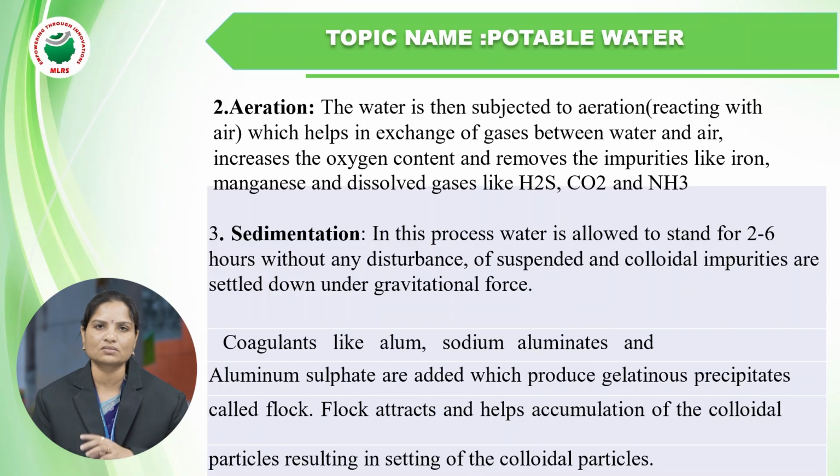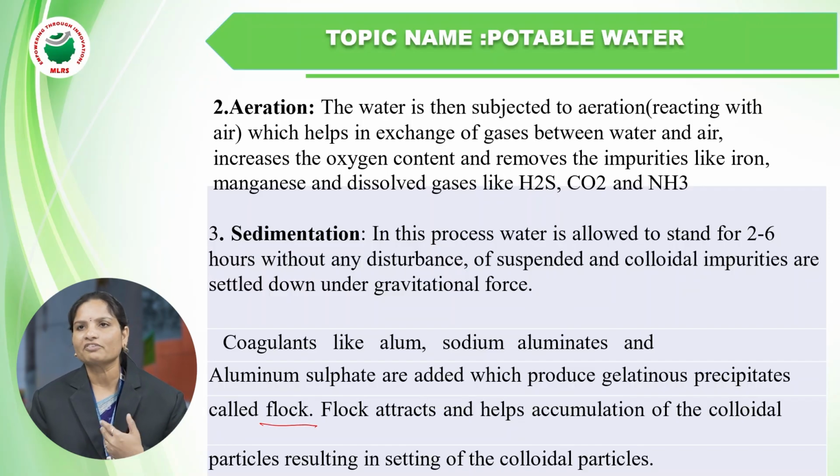The coagulant or alum helps attract the impurities, and then gelatinous precipitates are formed. This gelatinous precipitate is called floc. That is the reason the sedimentation process is also called the flocculation process.